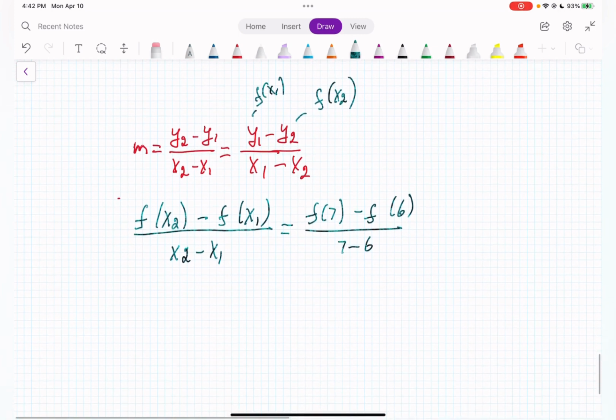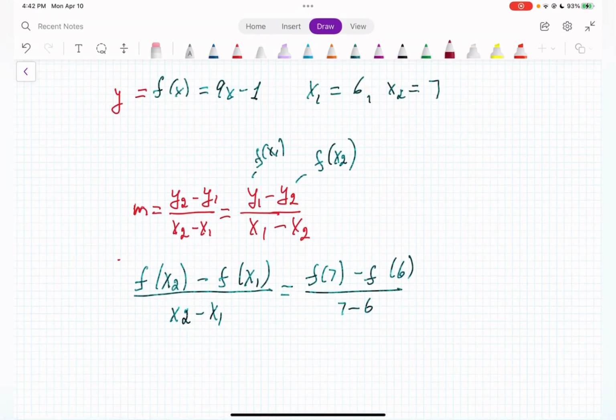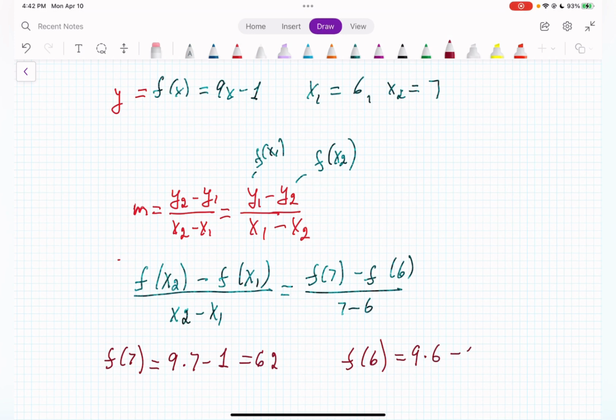Okay, so let's do drafting. f of 7 is equal to 9 times 7 minus 1. It's equal to 63 minus 1, 62. And f of 6 is equal to 9 times 6 minus 1. 9 times 6 is 54 minus 1, 53.